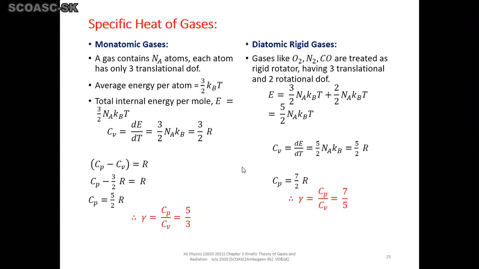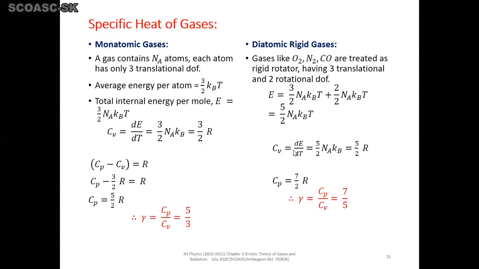If I'm talking about a rigid gas molecule, then it has 3 translational and 2 rotational degrees of freedom, total 5. So the total energy is 5 by 2 Na kBT. And if I want to find out the molar specific heat at constant volume, it is going to be dE by dT.